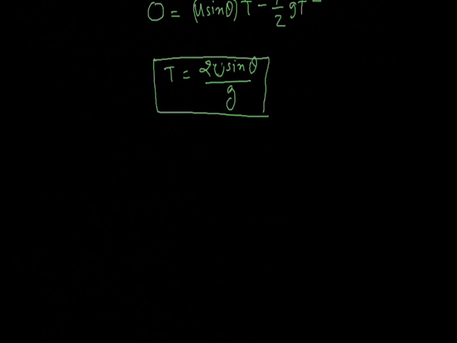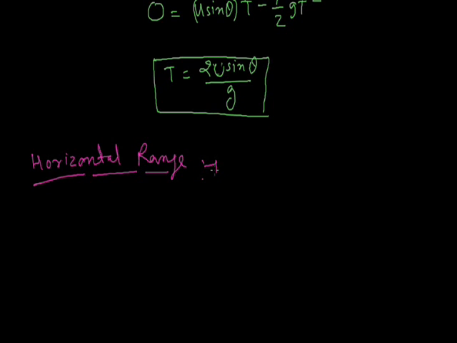And we can find the horizontal range. Horizontal range is the horizontal distance covered by the projectile during projectile motion. We already know that in the horizontal direction the component of the velocity will be Vx equals u cos theta, and it is responsible for covering the horizontal distance. So distance equals velocity into time.